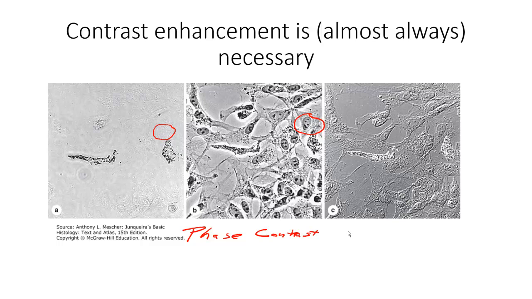A related method called differential interference contrast, or DIC, is even more complicated than phase. But what it's going to do is, again, we're going to monkey with the light.